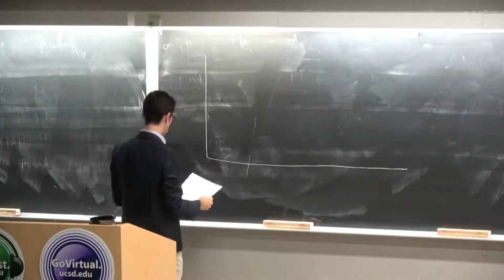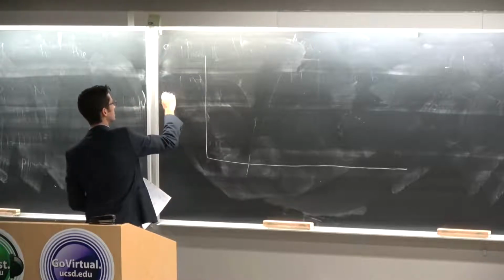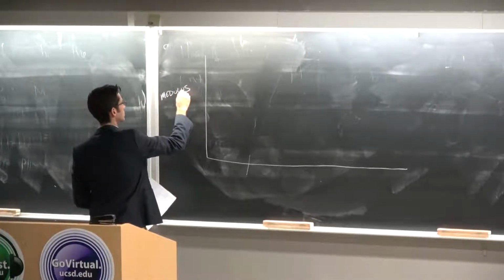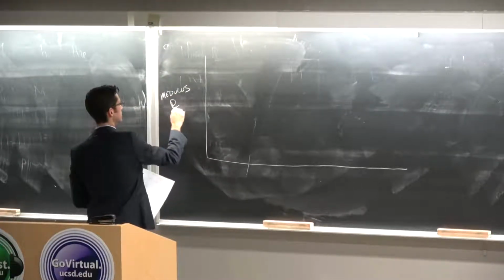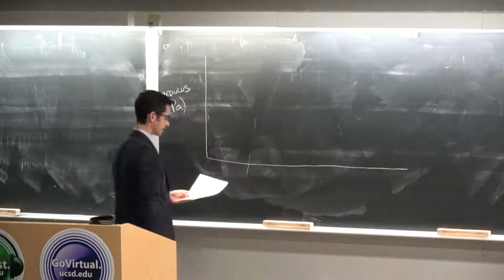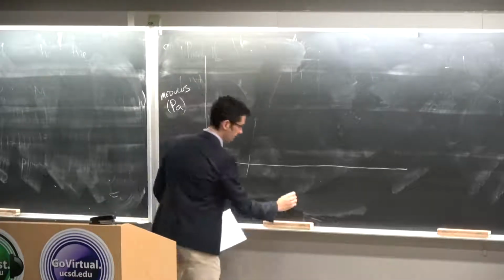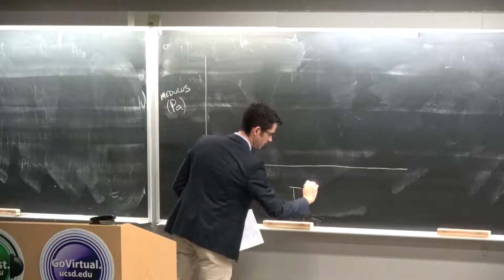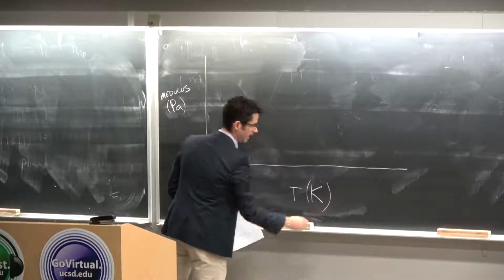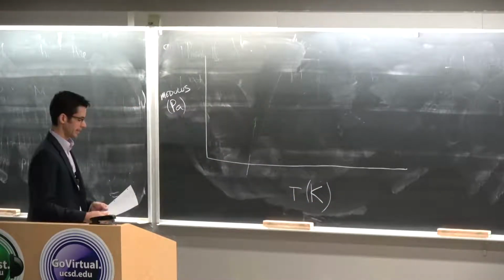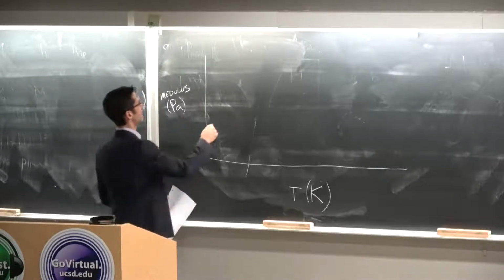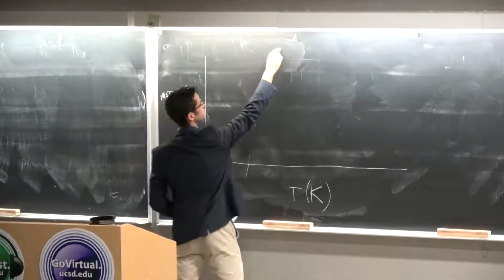And we'll plot the modulus in units of pascals, that's Newton per square meter, as a function of absolute temperature in Kelvin. And this will be for atactic polystyrene.